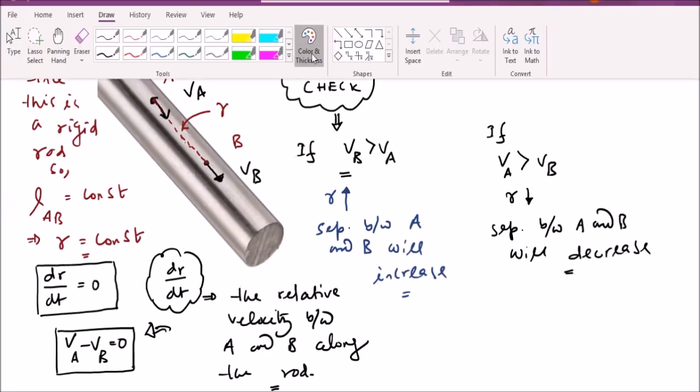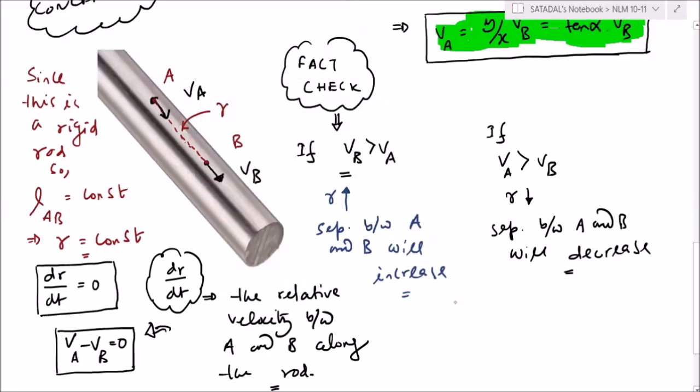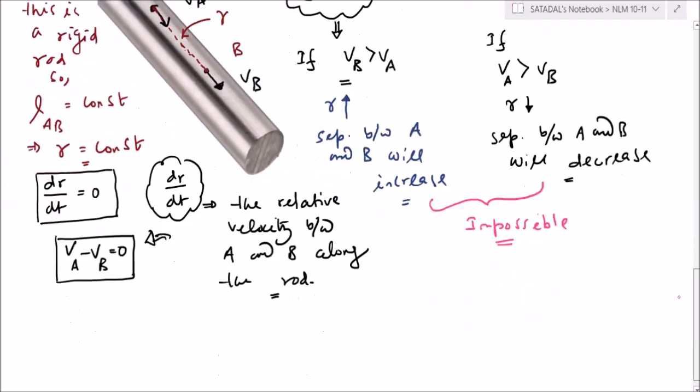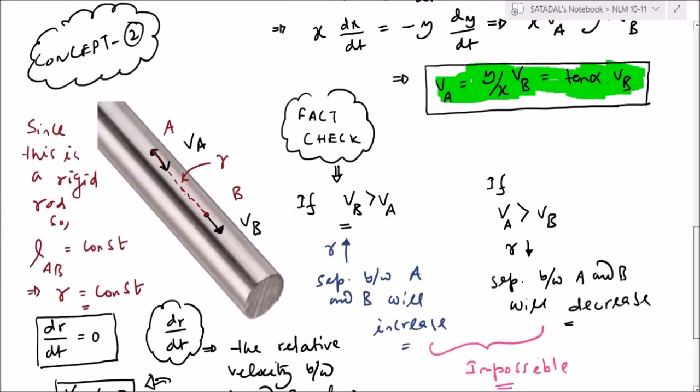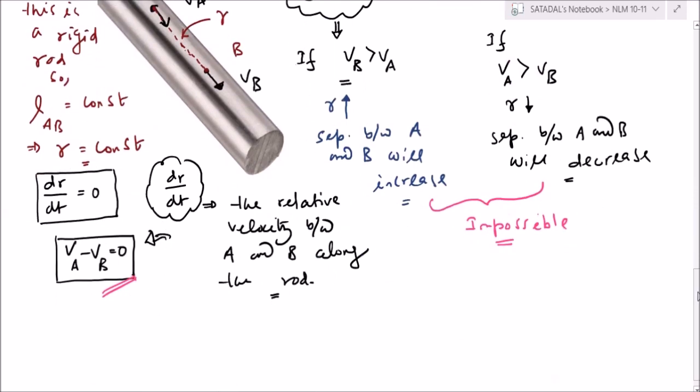Both these conditions are violating our primary condition that R has to be constant. So these two are impossible. Correct. So what is the only possibility? It is the only possibility. Now tell me whether the concept 2 explanation is fine or not.